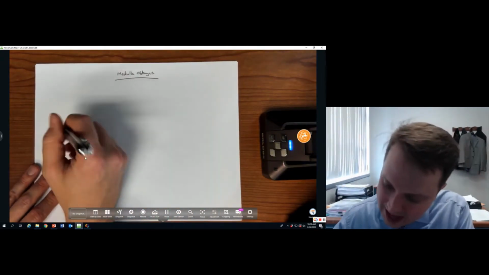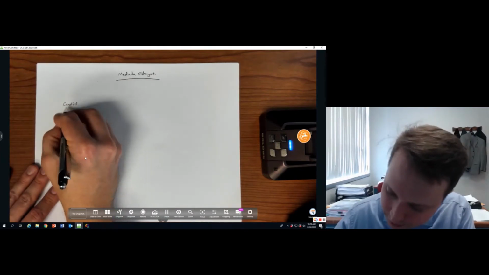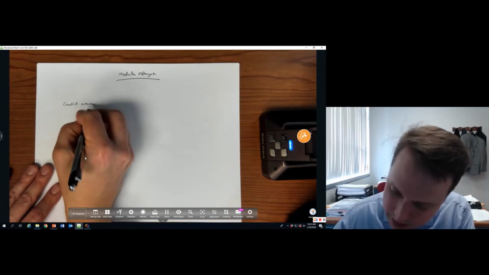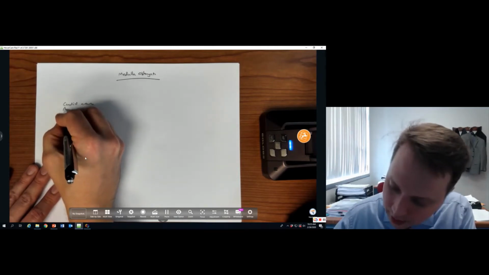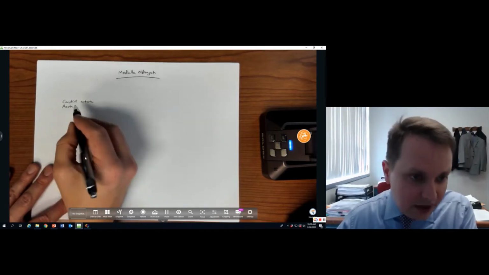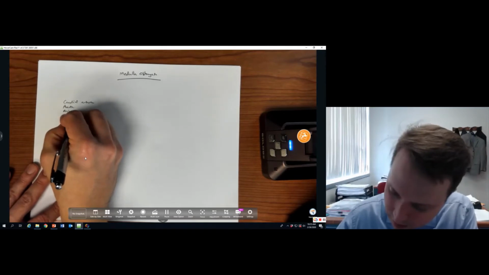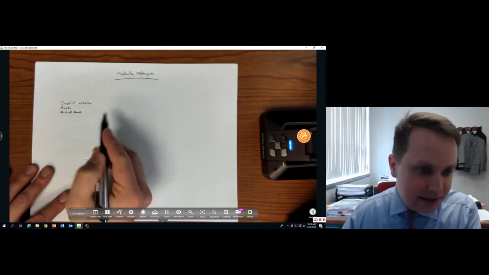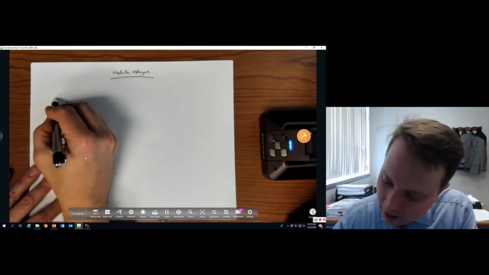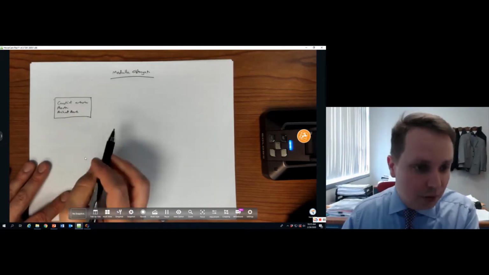Now, in your carotid arteries, in your aorta, and these kinds of places, the arch of the aorta, you have neurons.